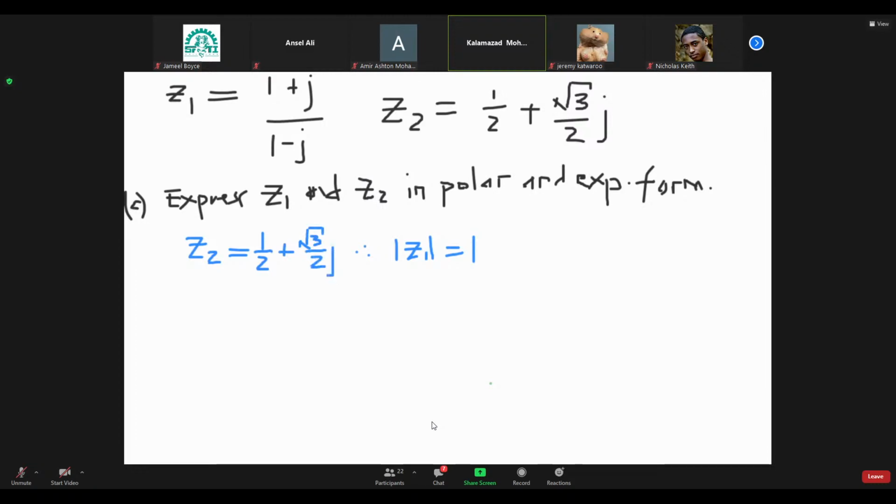We just showed in part B that the modulus of Z1 is equal to the modulus of Z2, which is 1. So now we need theta.